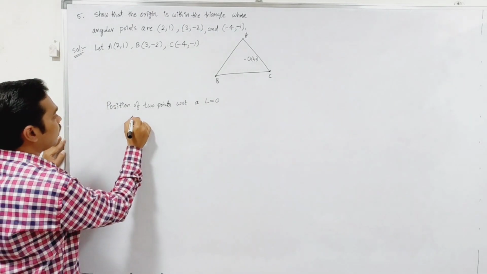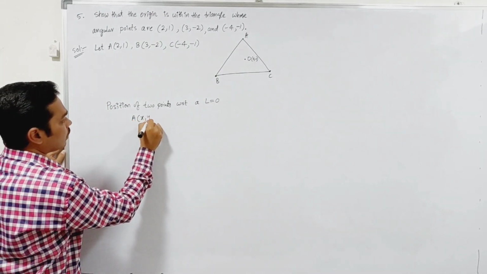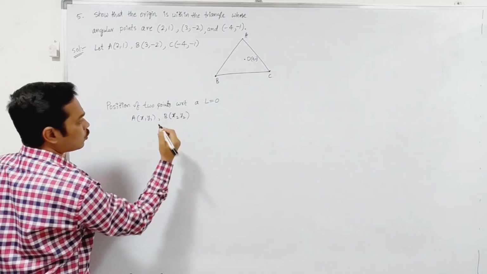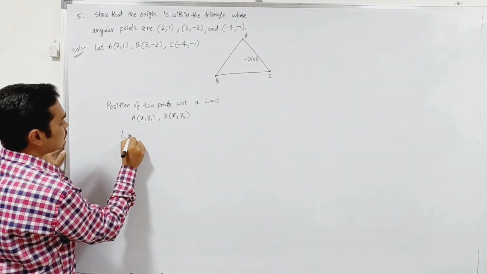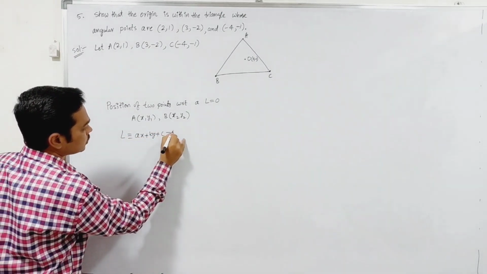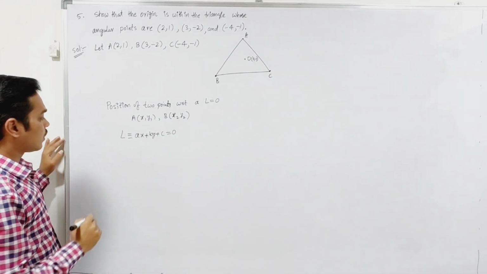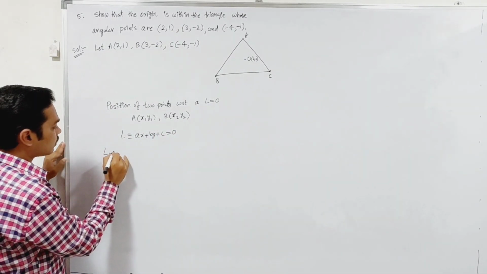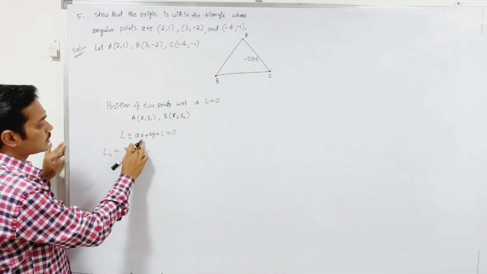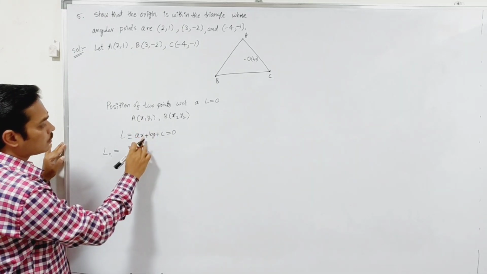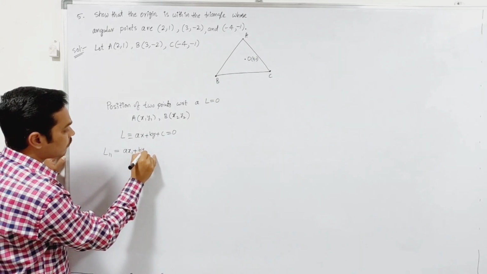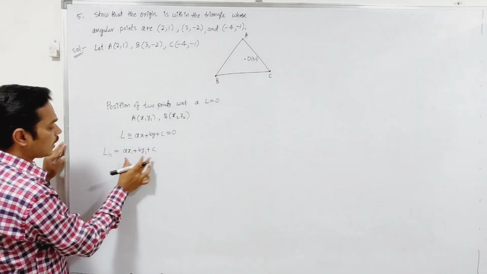For example, A (x1, y1) and B (x2, y2) are 2 points, and L: ax + by + c = 0 is the straight line. What is the meaning of L11? L11 is nothing but replacing the x and y with the coordinates of the first point, that is ax1 + by1 + c. This is the L11 value.